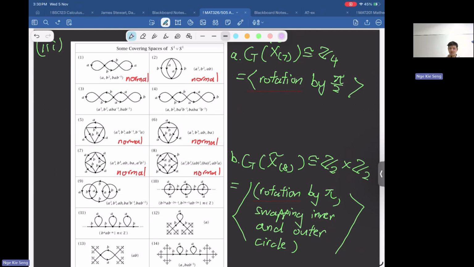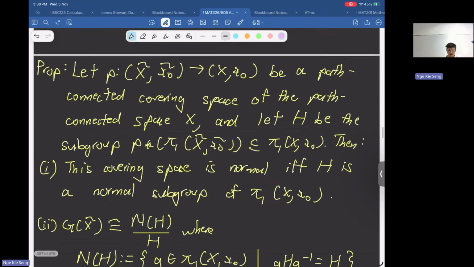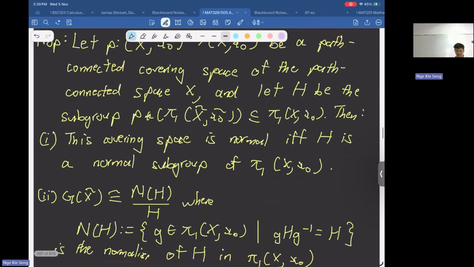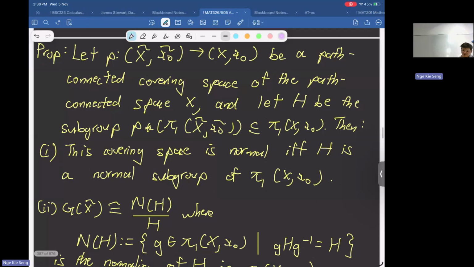Okay, so let's see what we can do with this normal subgroup here. Normal covering space. Let's say we have a covering space, and both the covering space and the base space are path connected. Then we have this image subgroup H of pi1 of x tilde. Why do we call this a normal covering space? Exactly when H is a normal subgroup.